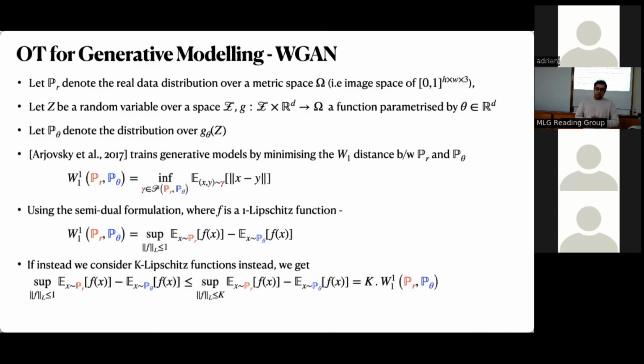And the WGAN paper shows that if you replace that constraint of 1-Lipschitzness with K-Lipschitzness, you end up recovering something that's a constant times the Wasserstein 1 distance. There's a proof of this in the paper, and I won't go into too much detail, but if you relax this constraint, you end up with something that recovers a constant times the Wasserstein 1 distance.